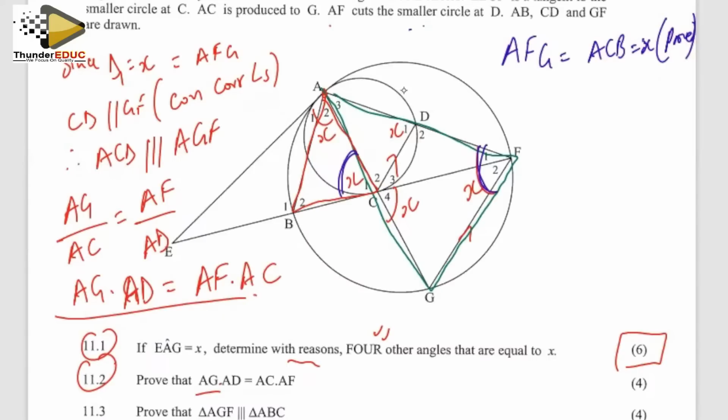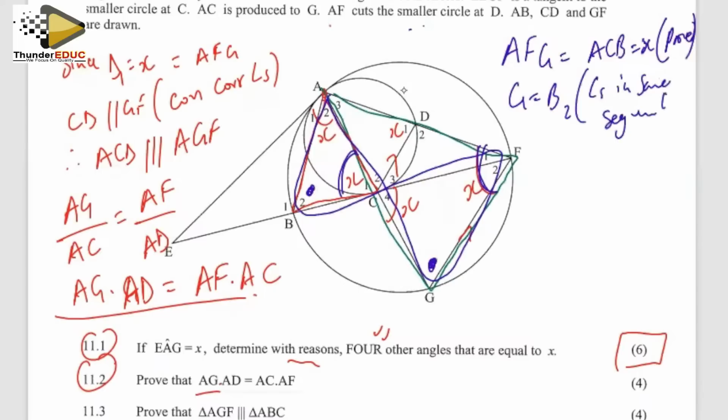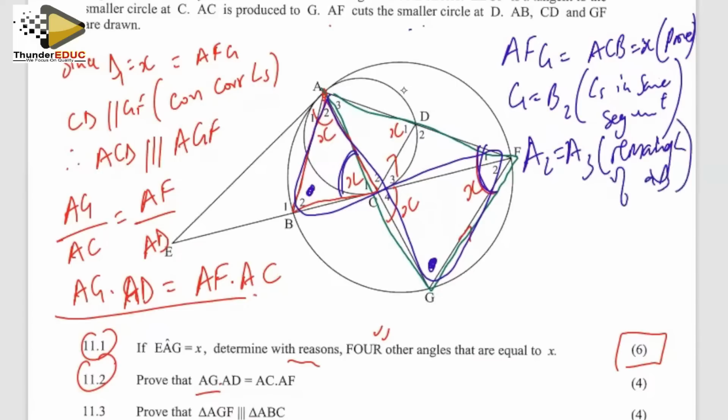Then we can also see that G and B2 are equal, because of the bow tie we can see here. So G is the same as B2, angles in the same segment, or angles subtended by the same chord AF. Then lastly, we know that A2 is going to be the same as A3. That's going to be the remaining angle of the triangle, or the third angle of a triangle.